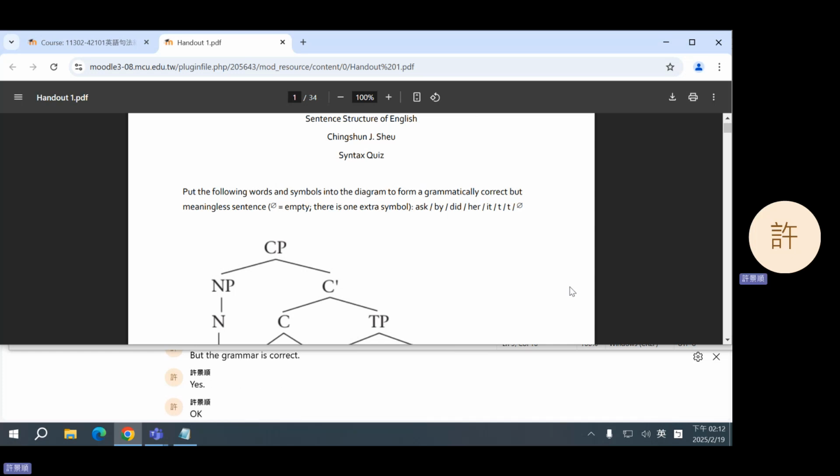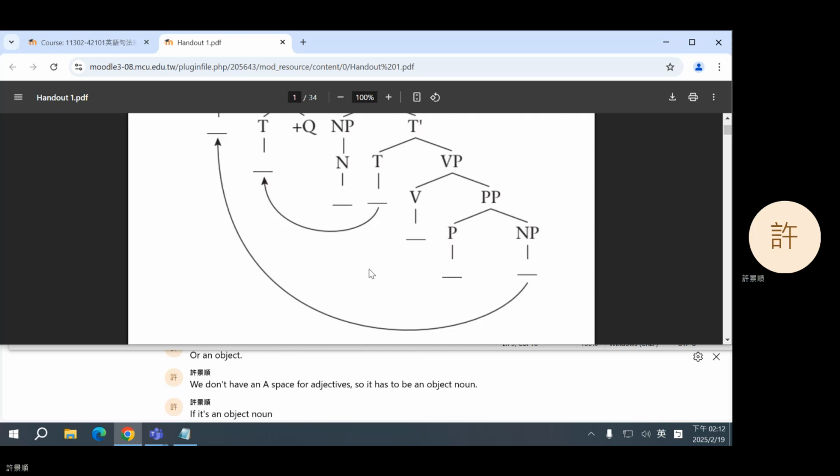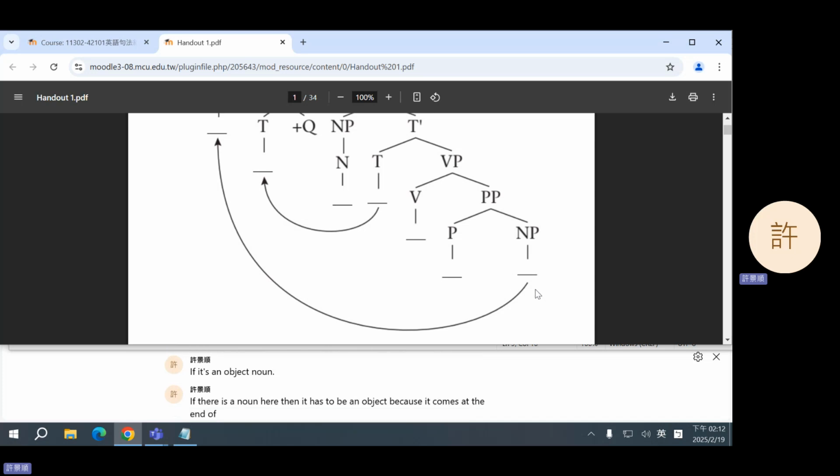Okay, so the word her could either be an adjective or an object. We don't have a space for adjectives, so it has to be an object noun. If there is a noun here, then it has to be an object because it comes at the end of the sentence.